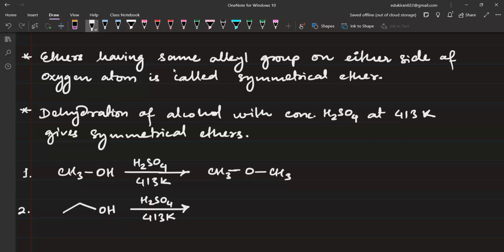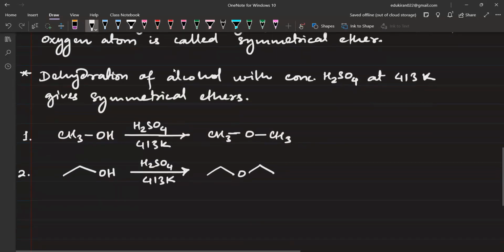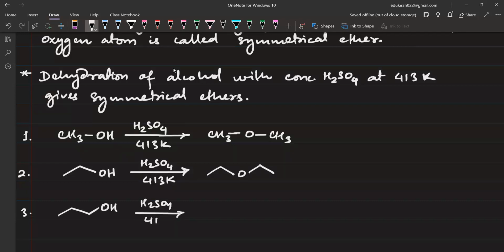Okay, when you have 2 carbon atoms and OH, then what will you get? 2 carbon atoms, oxygen, and then again 2 carbon atoms, ether. Similarly, जब आपके पास 3 carbon atoms आ जाए, and then OH, in the presence of H2SO4 at 413 Kelvin, to give you 1, 2, 3 carbon atoms, oxygen atom, and then again 1, 2, 3 carbon atoms. Write this down. Raise your hand once you're done.